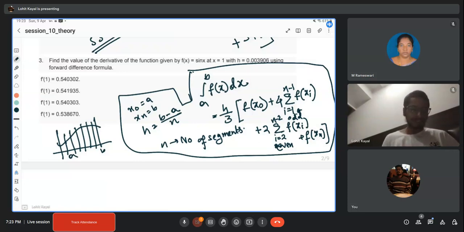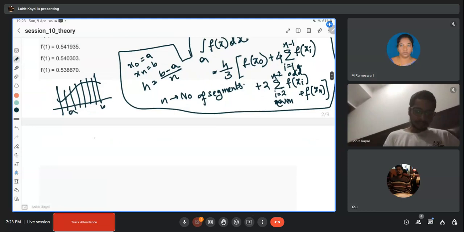Now question 3, again a small easy problem from the basic forward difference formula. Here you just need to calculate the value of f prime of 1. The calculation is pretty straightforward.